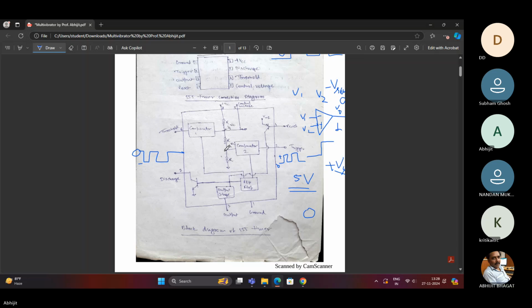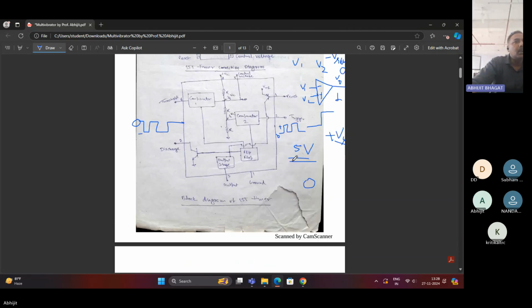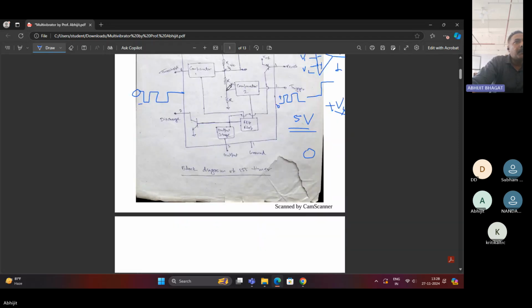So with the help of the voltage divider, you are getting this voltage. Clear? You can see here 1/3 VCC is at this point. Suppose the voltage at the trigger point is 0, then this 1/3 VCC is larger. But if the trigger voltage is greater than 1/3 VCC, then the output will be changed.